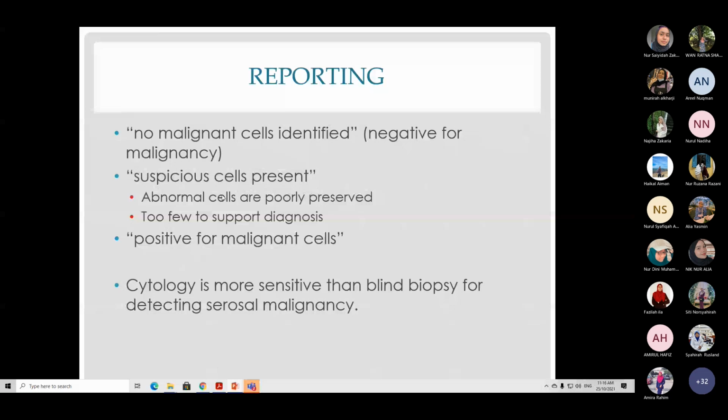This is usually for cases where cells are poorly preserved, or there are too few cells, too few samples to support the diagnosis. And if you confirm there are malignant cells identified, you put positive for malignant cells. Okay. So for your info, cytology is more sensitive than blind biopsy for serous malignancy.